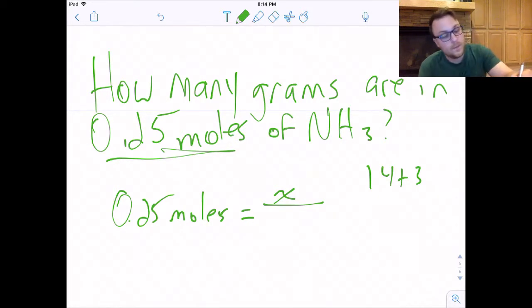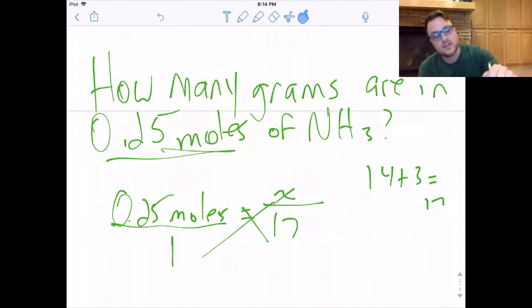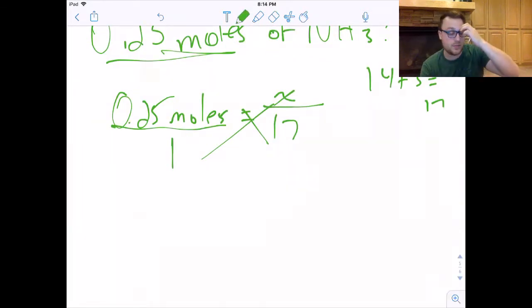Uh-oh, algebra. Put this over 1. And now it looks like a lovely proportion. So you just cross multiply. So 17 times 0.25, 17 divided by 4 should be slightly more than 4. I'm going to go with 4.18.